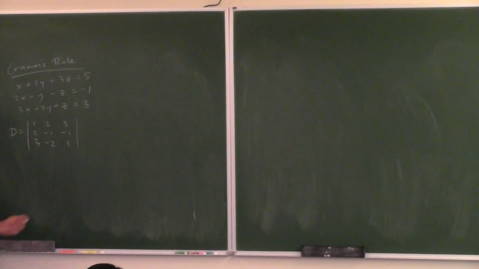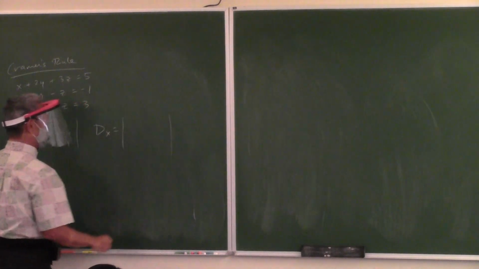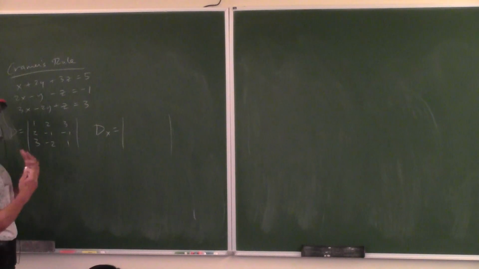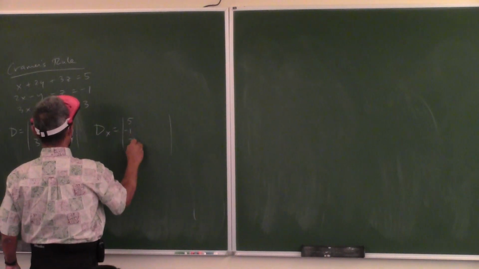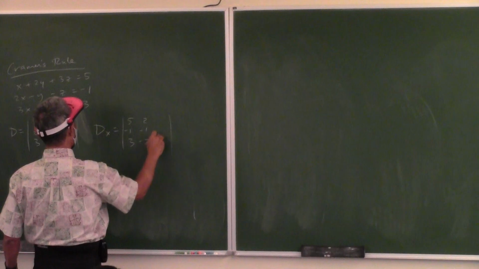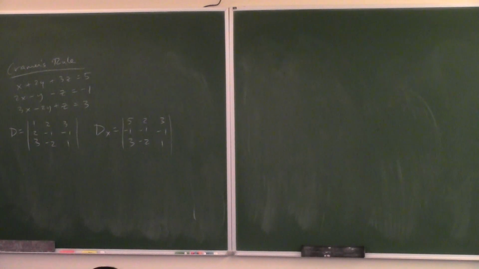Now watch what I'm going to do. Now I'm going to compute D sub x. I'm going to do it, and then you tell me what I did. 5, negative 1, 3, 2, negative 1, negative 2, 3, negative 1, 1. What did I do?